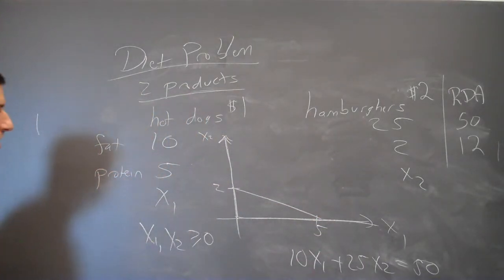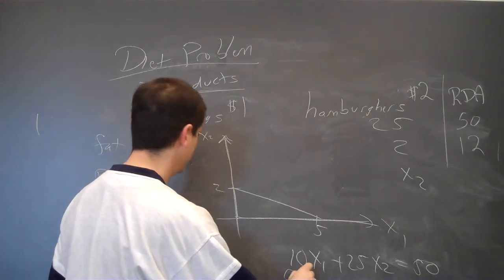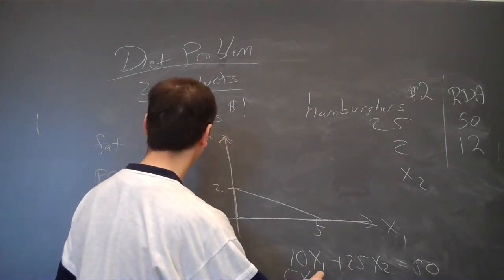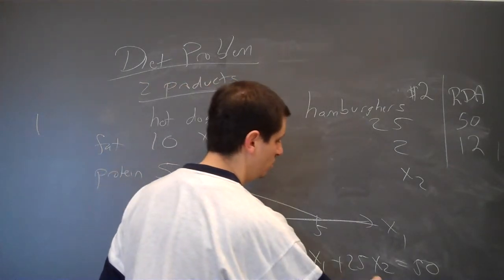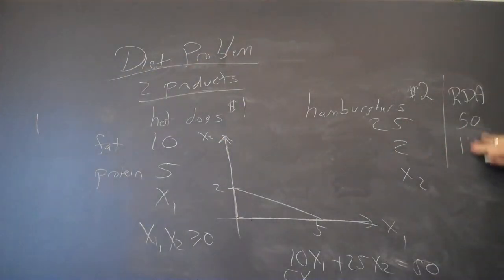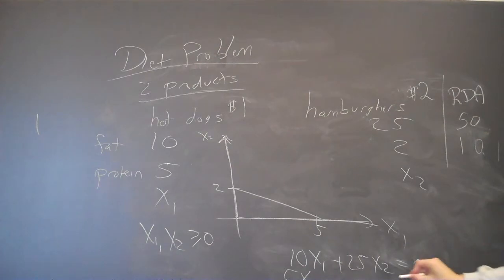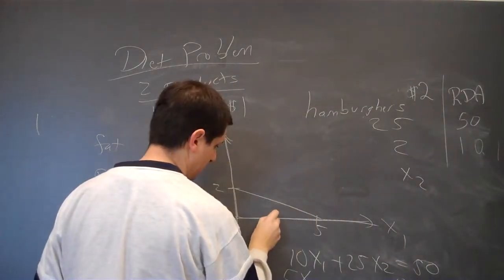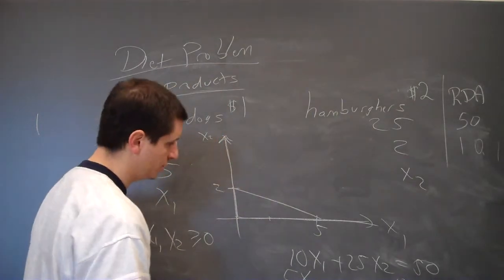The next constraint is 5x1 plus 2x2 equals 10. So when x2 equals 0, x1 equals 2. And when x1 equals 0, x2 equals 5.